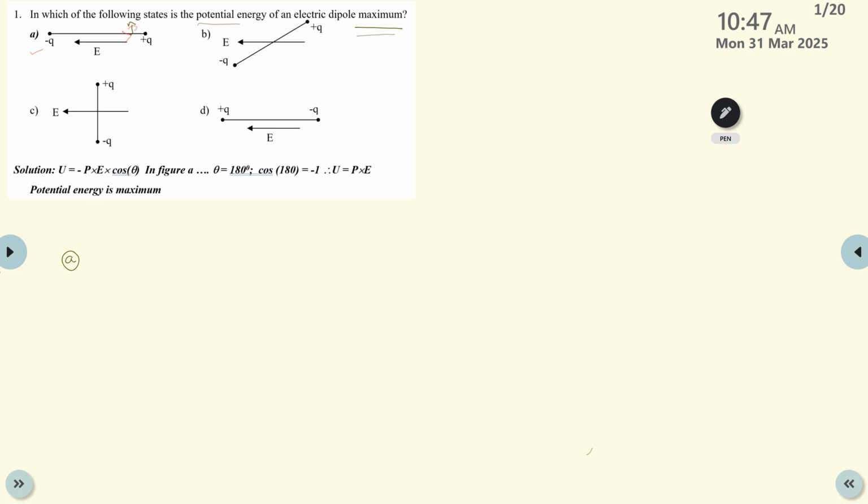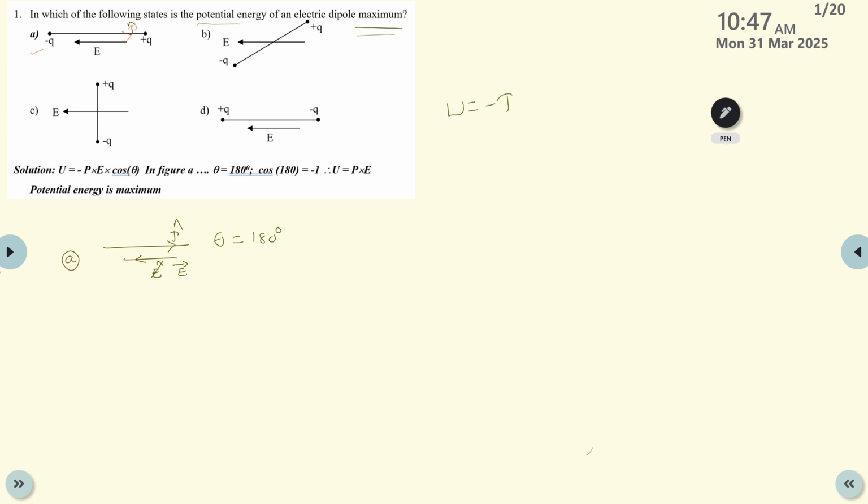The dipole moment is acting in this direction, the electric field in this direction. Both are acting in the opposite direction, so theta equal to 180 degrees.